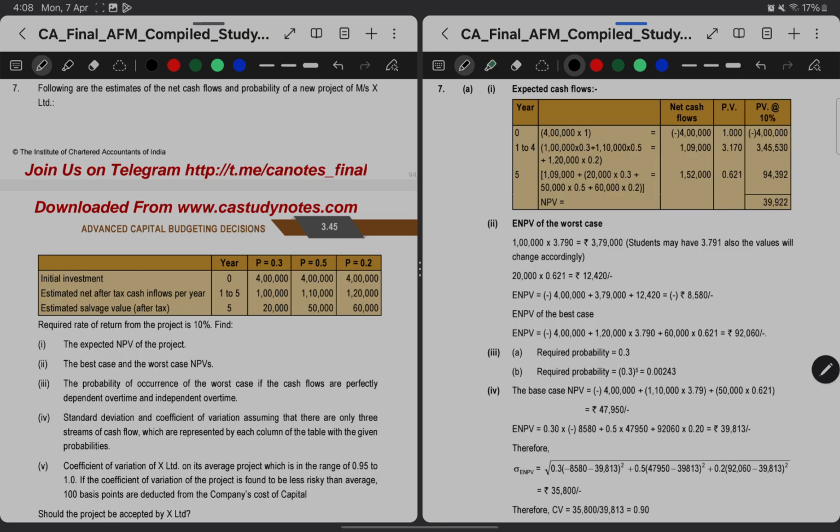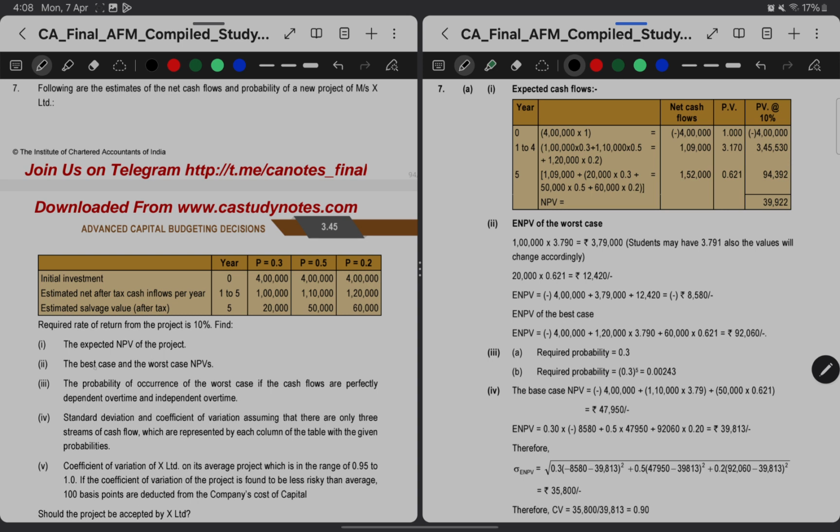The salvage value is given after tax at the end of the fifth year. Again we multiply it with the probability to get the expected salvage value, and then multiply it with the fifth year discount factor. Then we can arrive at the NPV, which is the first requirement.